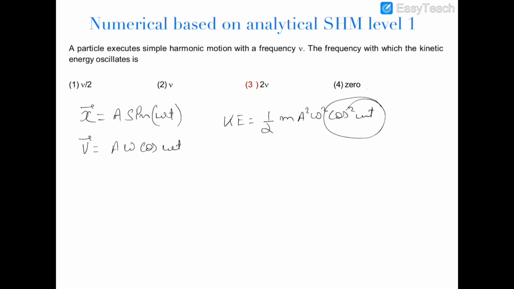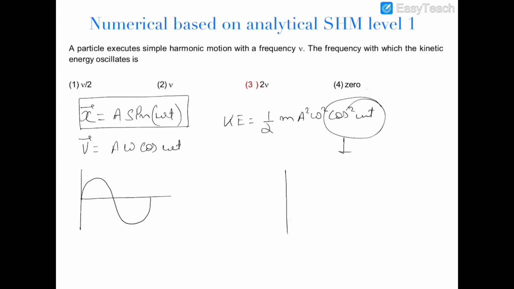Now you can substitute this value of cos square, or you can see that the graph of the x displacement of the particle is sinusoidal like that, while the graph of kinetic energy would be the graph of cos square like that.